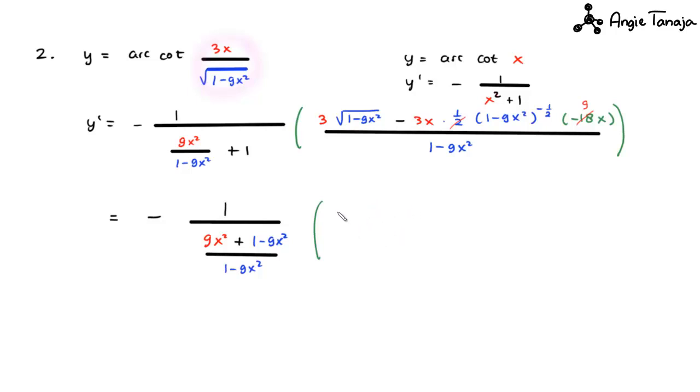Sorry, 3 times 1 minus 9x squared plus, because negative and negative, 27x, because 3 times 9, 27x over roots 1 minus 9x squared over another 1 minus 9x squared.